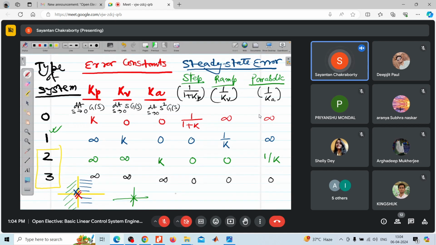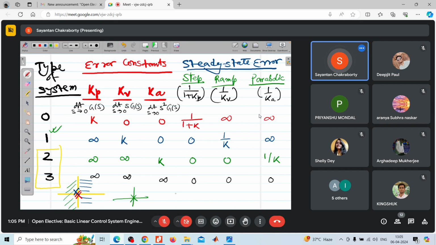I'll show that in the next class, in the root locus class. So there is also a compromise between the steady state offset and the transient response. Also, by increasing the type of the system, you can improve the steady state performance, but more than two integrators in the forward path involves the scenario where the system may become unstable.